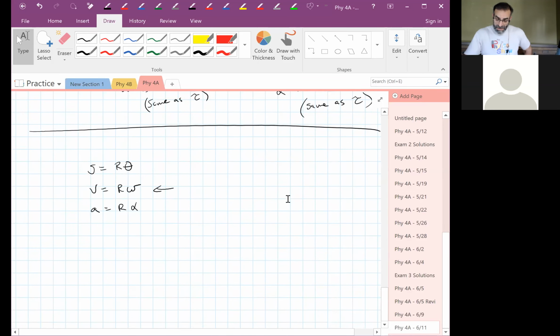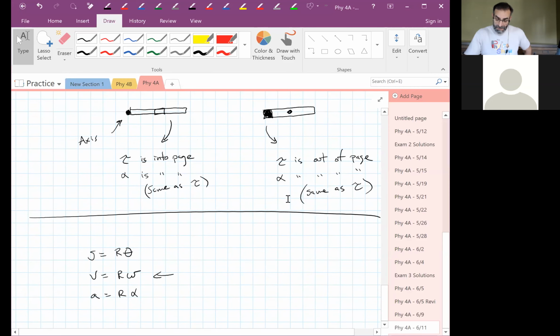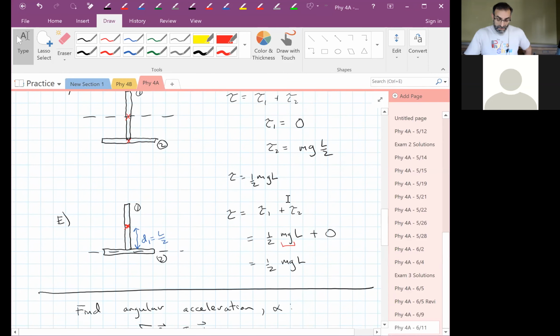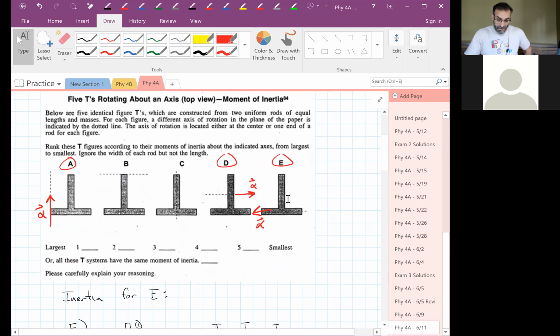Let's see, another question here for E. The axis of rotation for E is here. So if you let go of this thing in the horizontal direction, this part is going to fall into the page, right?